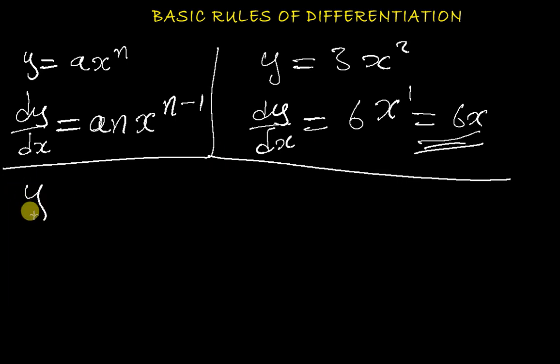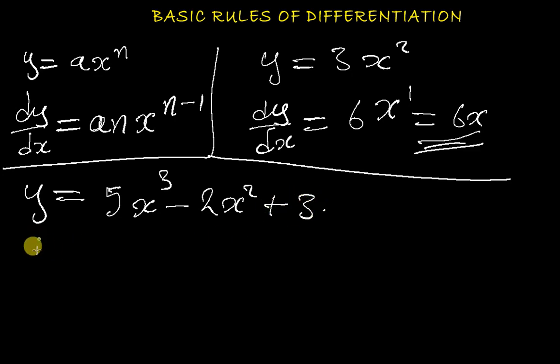We can have y is equal to maybe 5x to the power 3 minus 2x squared plus 3. To find dy dx for this one, we differentiate them independently. So 3 times 5, that's 15, then x to the power 3 minus 1, that's 2.